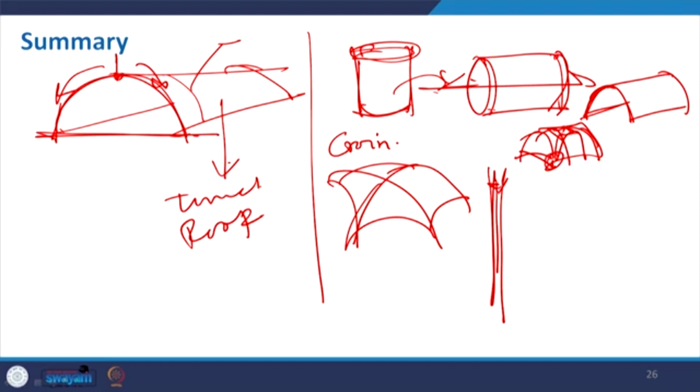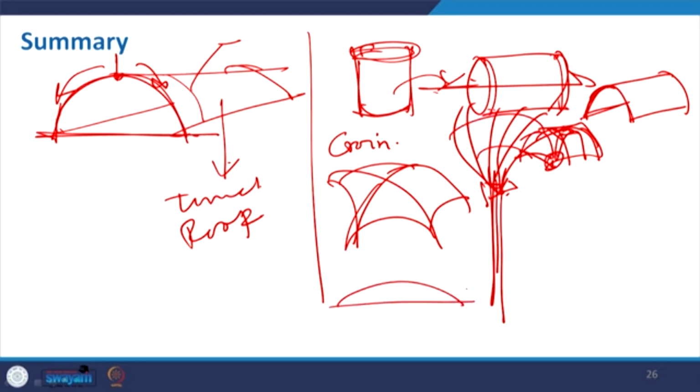Then we also discussed that at the corner we can support with some ribs at regular intervals, creating a shape of a fan. That is the fan vault, and the Catalan vault that we have used where the rise is very less.